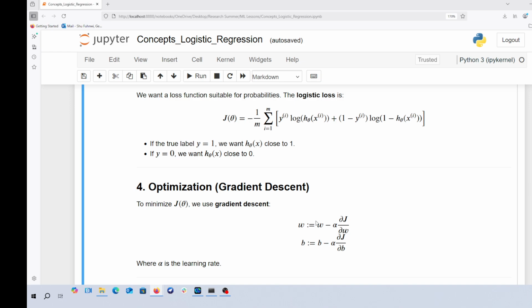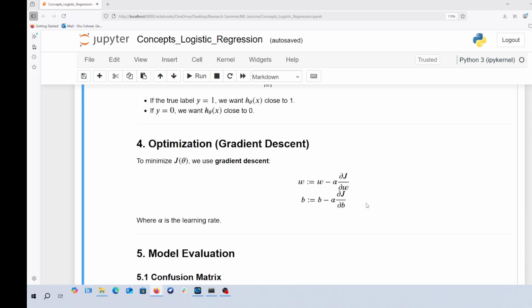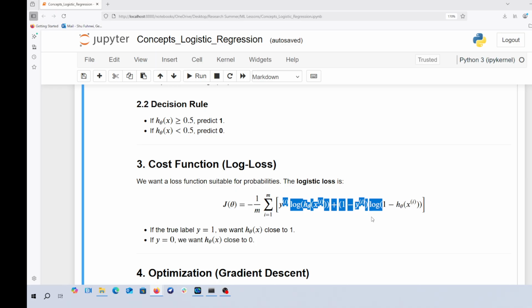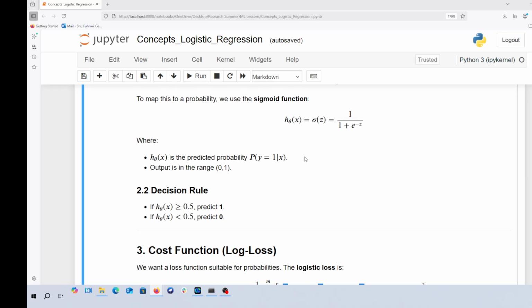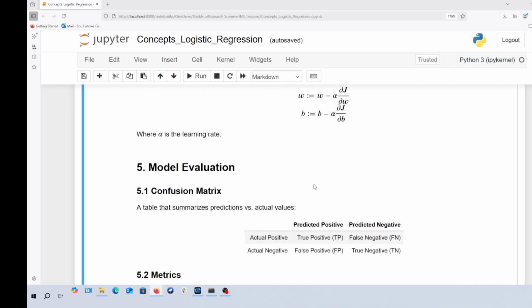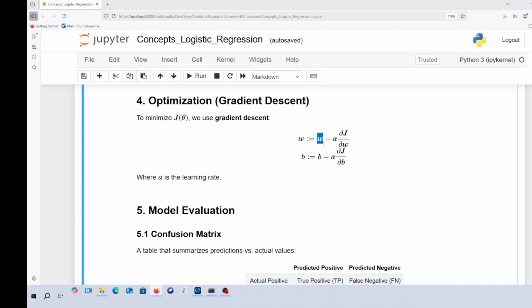I don't want to go deep into these mathematical concepts. For those of us that really want to study how we can differentiate this cost function to calculate these parameters, we can go deep into it and see how we can obtain both the weight and the bias.